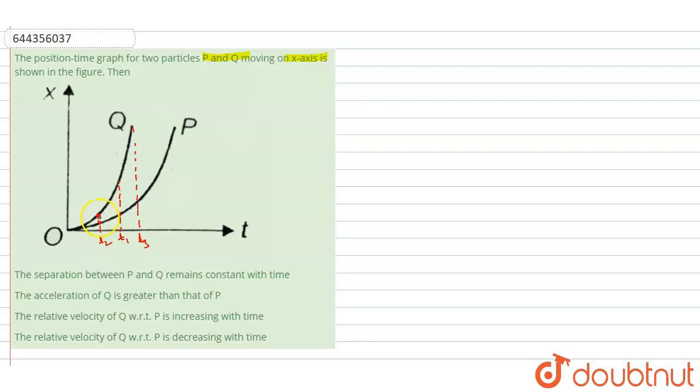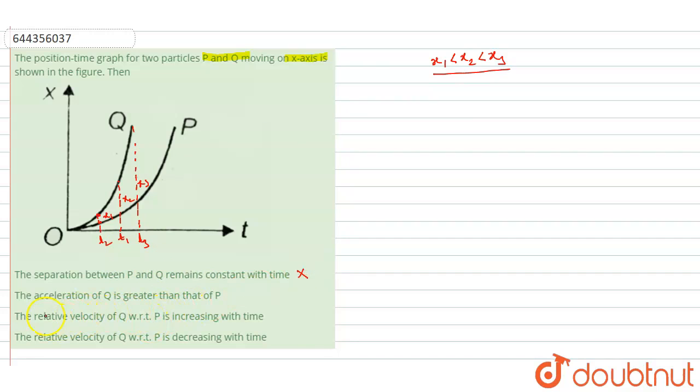So we are seeing that here x1, x2, and x3 are the separation at t1, t2, and t3, and we are observing that the separation between Q and P is increasing with respect to time. So here x1, x2, and x3, we can make a relation between them. So x2 is greater than x1 and x3 is greater than x2. So we can't say that the separation between P and Q is always constant with time. So this is the wrong option.